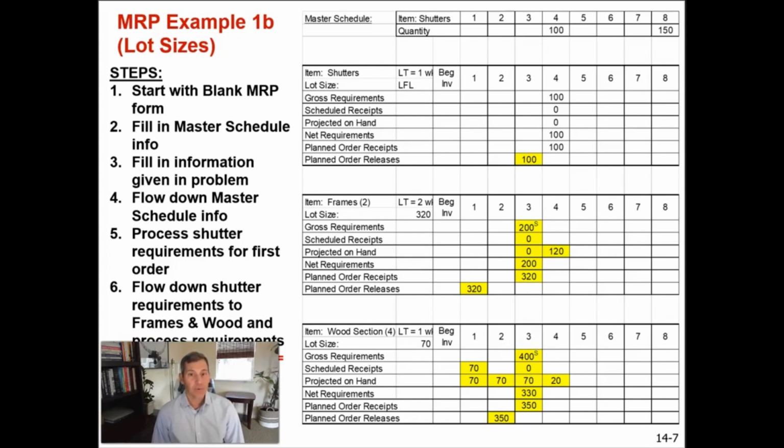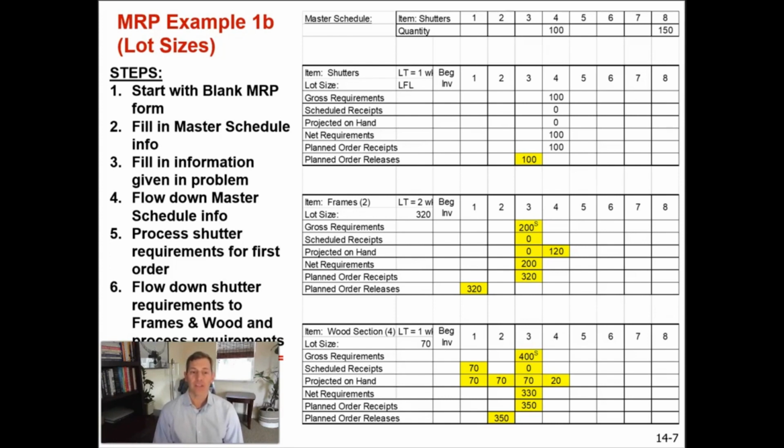In our last example, you just made 200 frames, or you bought 200 frames, but this time you've got a lot size, and that lot size is 320 units. So you have to bring them in increments of 320. There's a 2 week lead time offset. You need the frames in week 3. So therefore, you start the order in week 1. You're going to start the order or buy the products in week 1, and you have to make or buy 320 units this time.